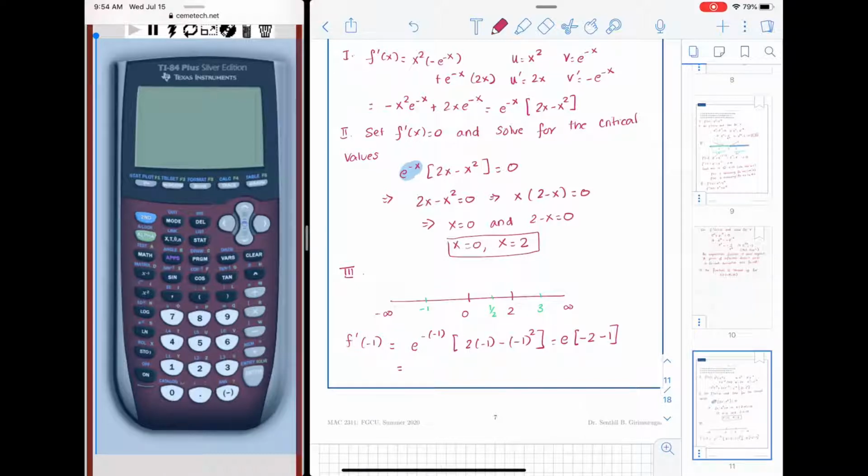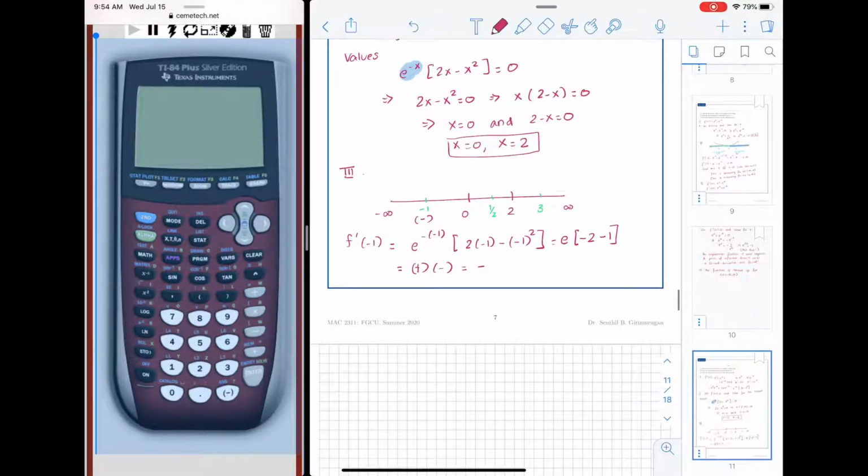Sometimes you don't have to evaluate these values. You can think about algebra and get to the sign of the function, because that's all we care about. So e is positive, negative 2, negative 1 is a negative number, so it has to be negative on that interval.